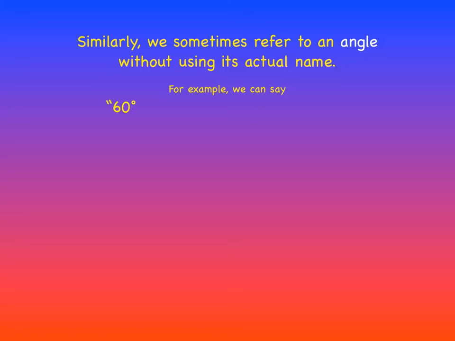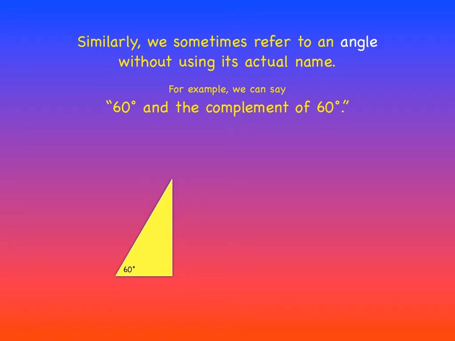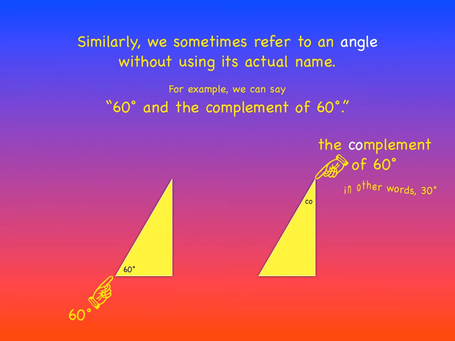For example, we can say 60 degrees, that's one of the acute angles, and the complement of 60 degrees. In other words, 30 degrees, because 60 and 30 make 90, which makes them complementary.